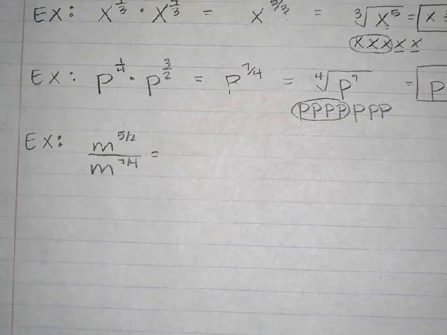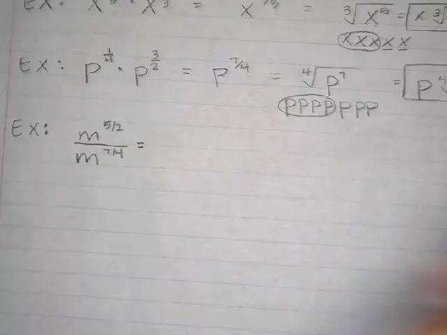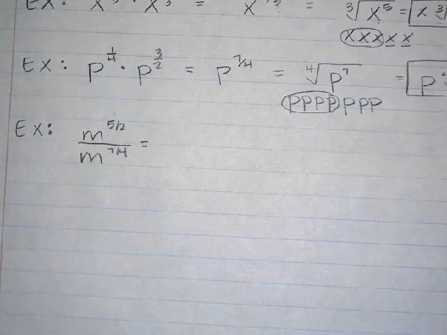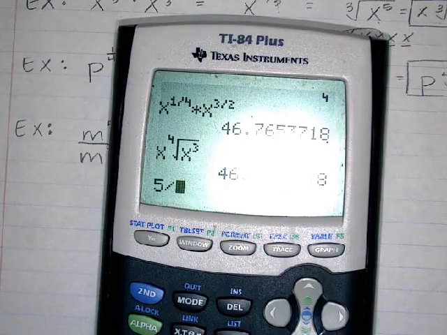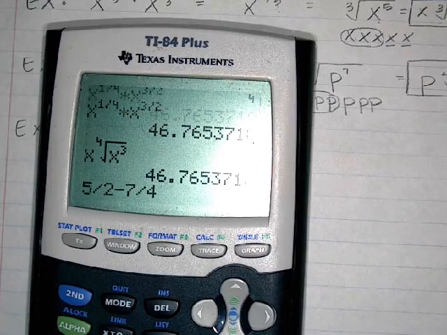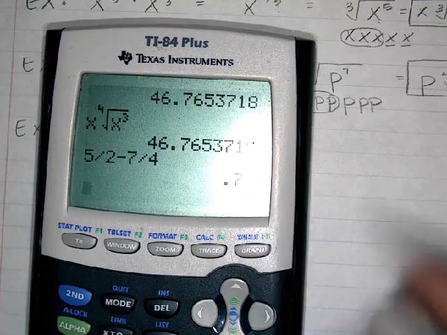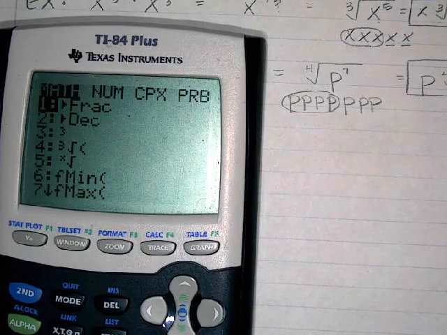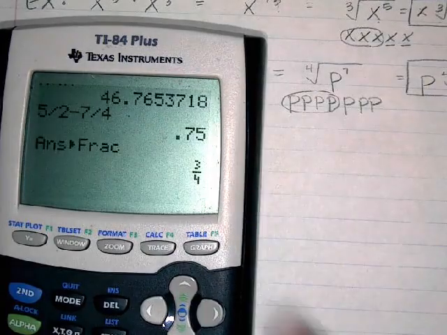Okay, we're going to take the exponents and subtract them. So I'm going to do 5/2 minus 7/4. I get 0.75. Hit the math button, press enter, 3/4. Okay, so that's m to the 3/4.